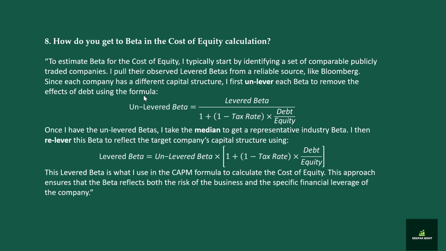So here you will unlever the beta and then you will relever the beta. Then you will use that beta in the other company. You will unlever the beta first and then relever the beta to calculate the CAPM of a company which does not report its beta, or you do not have that much data to calculate the beta of that company.